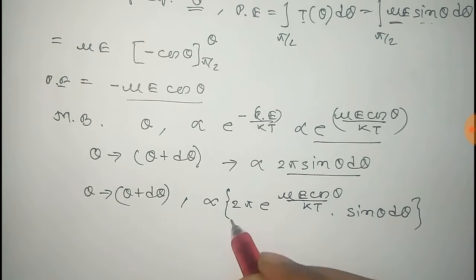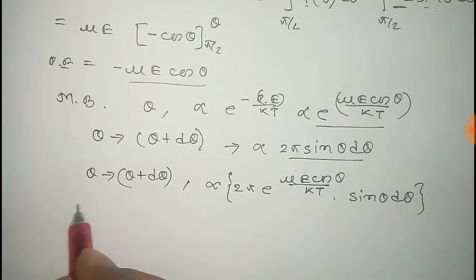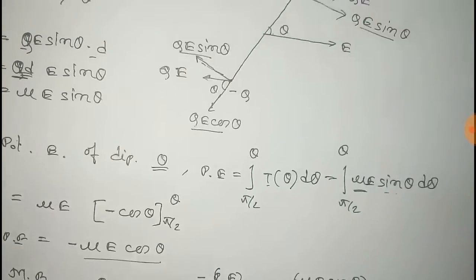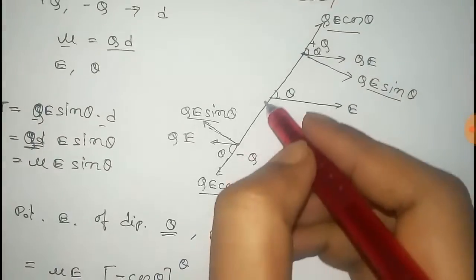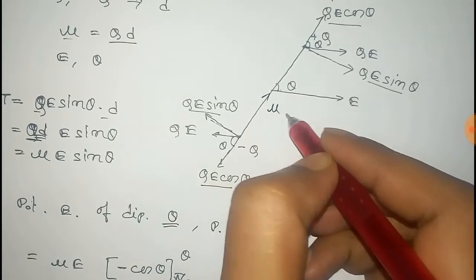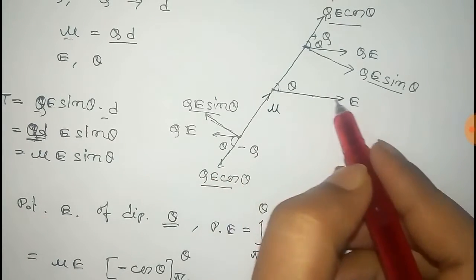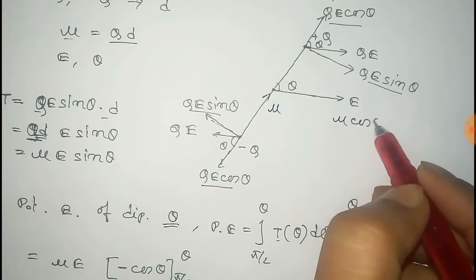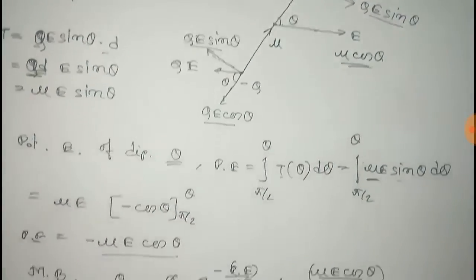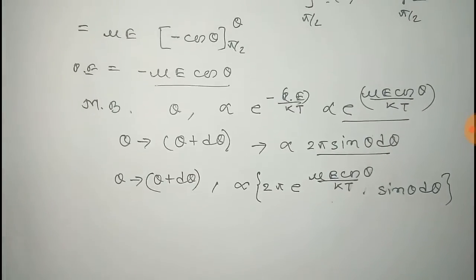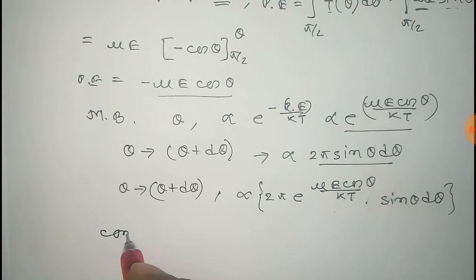Now from this you can see the direction of the dipole moment is from negative to positive, so the component of the dipole moment along the electric field is mu cos theta. So mu cos theta is in the direction of the electric field.